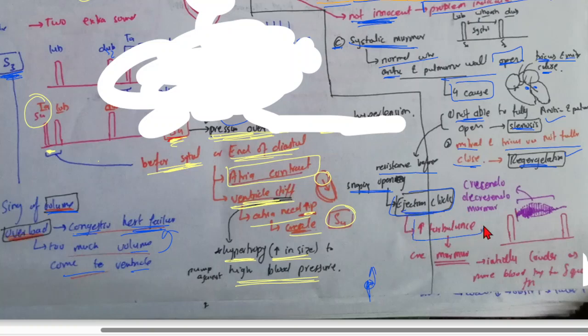Another thing is increased turbulence, or murmur. So what is a crescendo-decrescendo murmur? The murmur increases and then decreases. This is called a crescendo-decrescendo murmur. Initially it is louder as more blood comes and squeezes through, so first it gets louder, then it decreases.